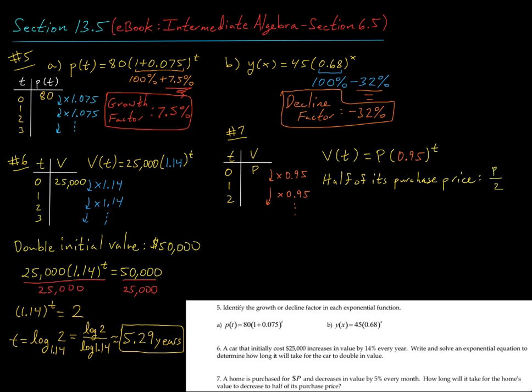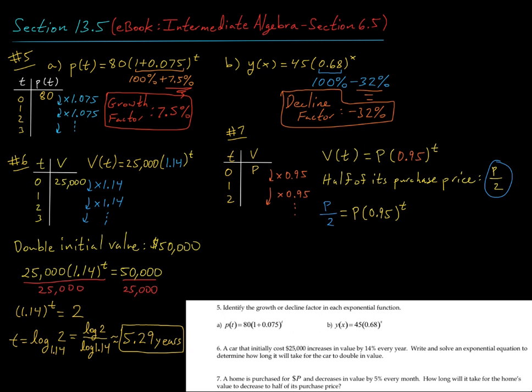Okay, so here's what we're going to do. We're just going to set our value, V, equal to P over 2. And then we're going to set that equal to this expression here, P times our 0.95 raised to the t power, and now solve this equation for t.